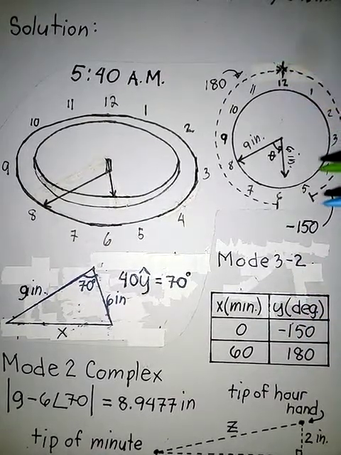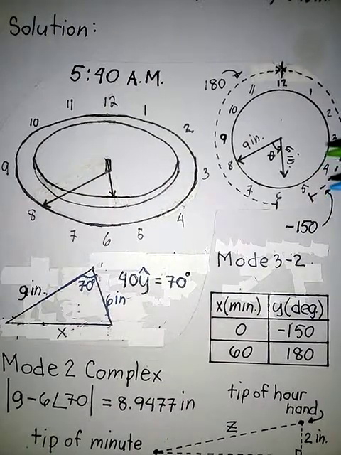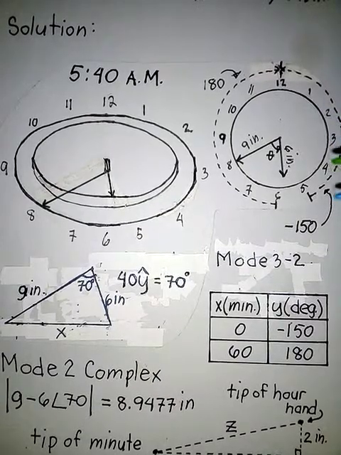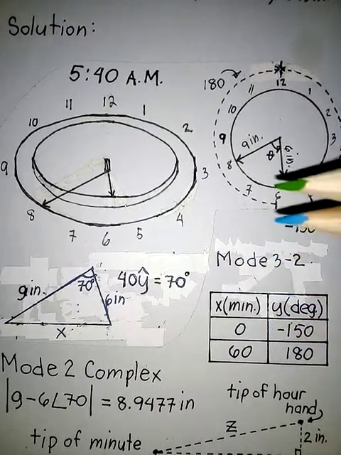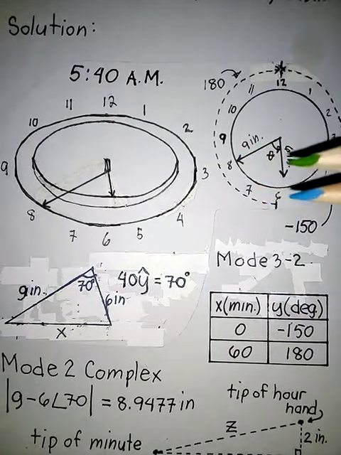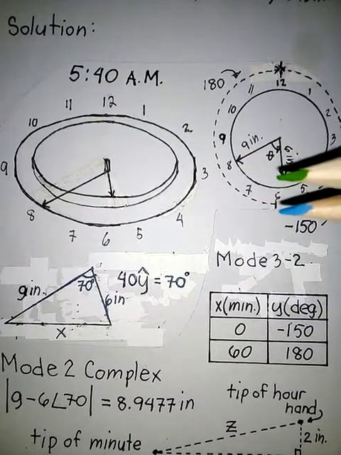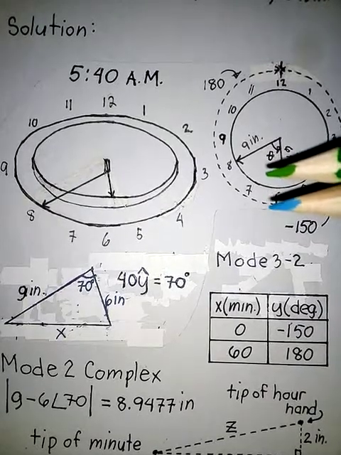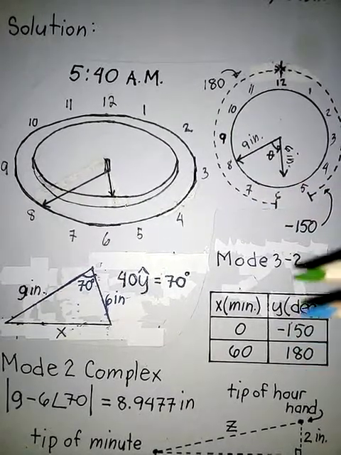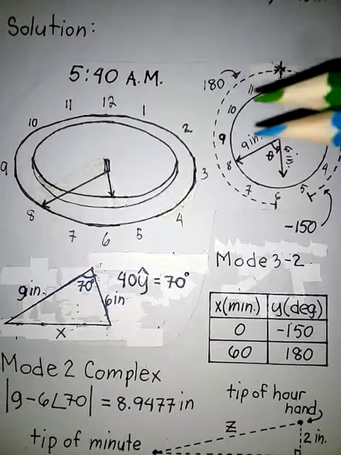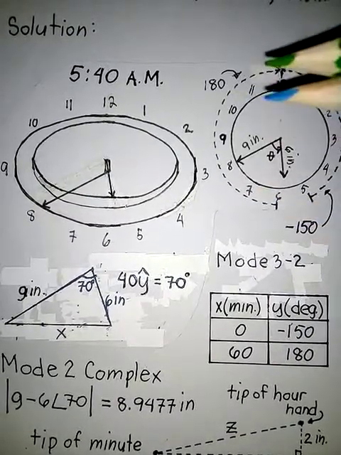Just like I said before, it should be negative, because just like in the number line, you are approaching a continuously decreasing number. And then at the 6 a.m. mark, that will be after 60 minutes, the angle will be equal to 180 degrees. So from the 6 mark to the 12 mark, this is equal to positive 180 degrees.